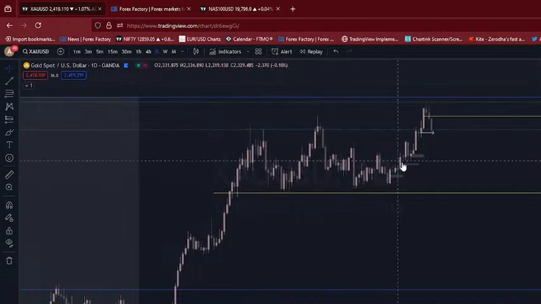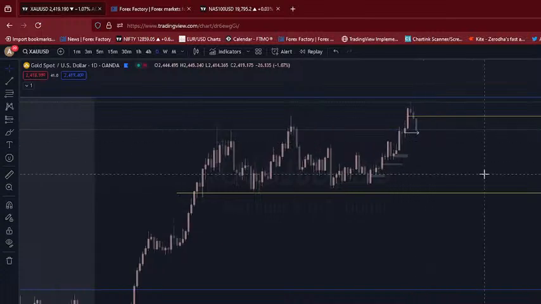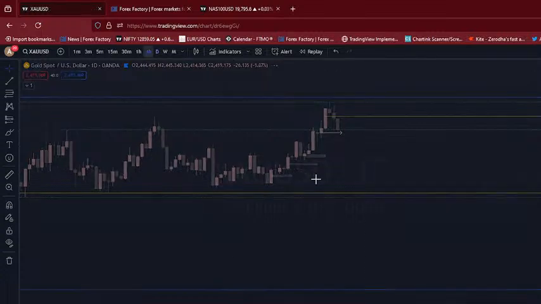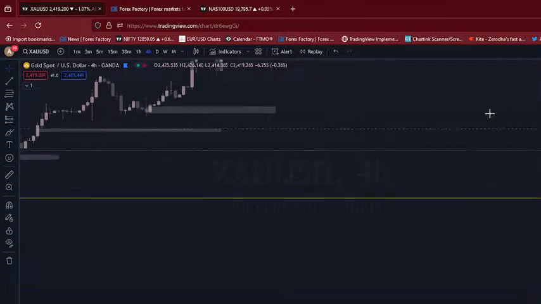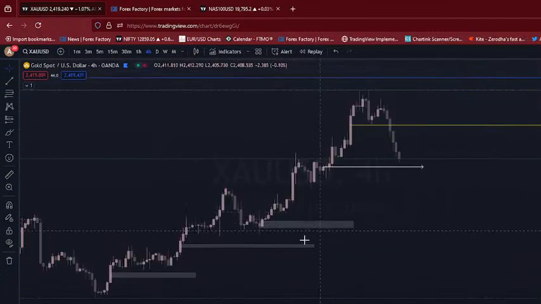And then here you can get one big move and a market structure shift. So I'm telling you guys, this might fall. Brace your gold trades. This might fall towards this area. I am expecting this area at least.